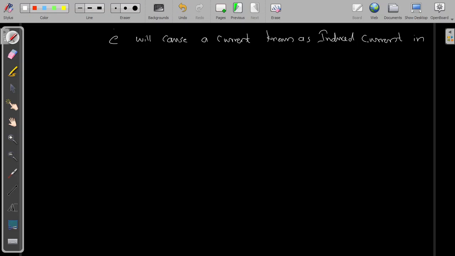In the circuit or in the closed path, if the path is closed, a current will flow, like our galvanometer deflection. Due to this induced current, the galvanometer deflects.